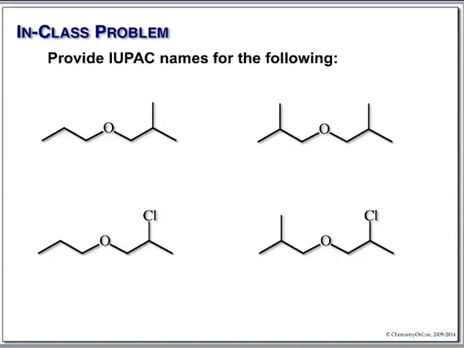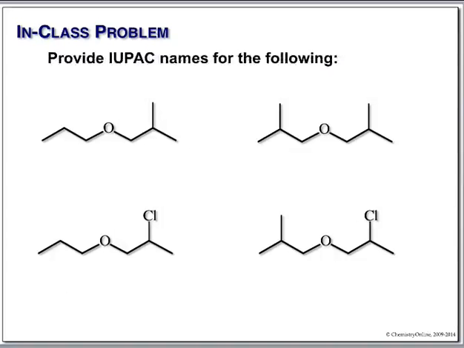Let's go ahead and look at some simple ethers here, and let's do some nomenclature. When you look at something like our first example, we see we have an ether, and we have alkyl groups on both sides, right? What you have to do is decide who is going to be the parent. The parent is going to have the most carbons, or it's going to be the most complex.